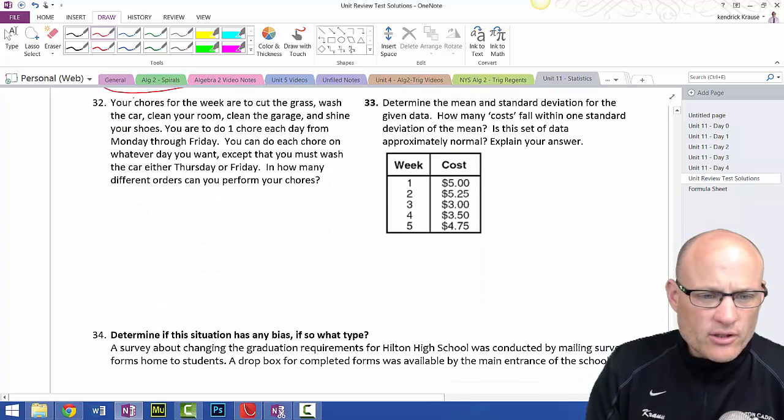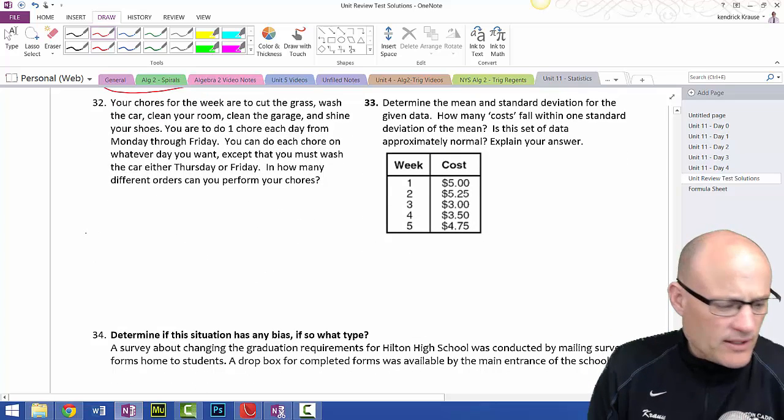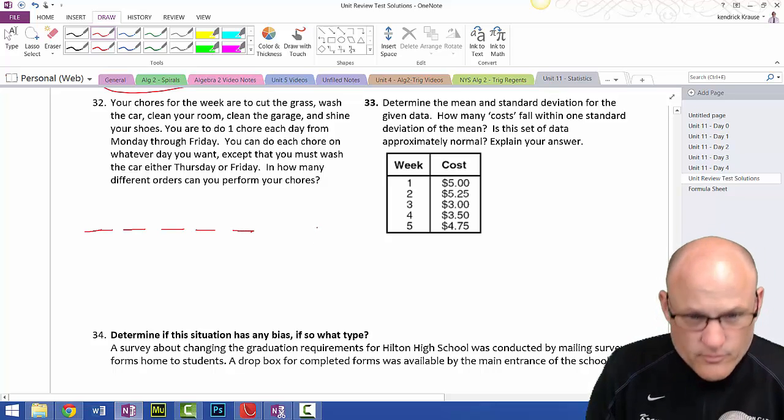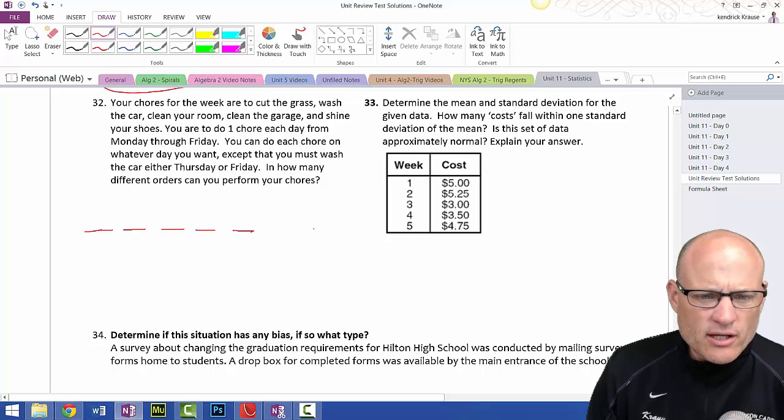Your chores are to cut the grass, wash the car, clean your room, clean the garage, and shine your shoes.